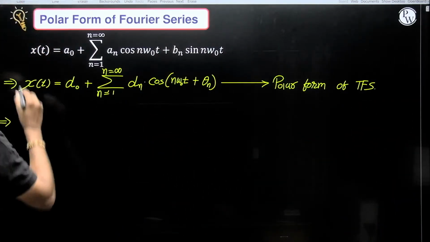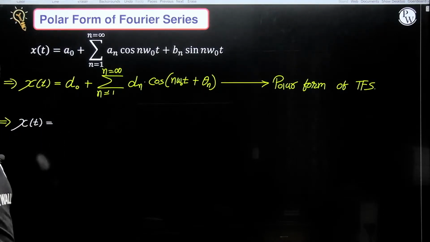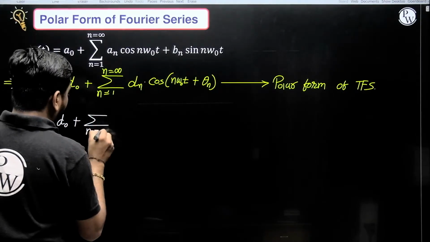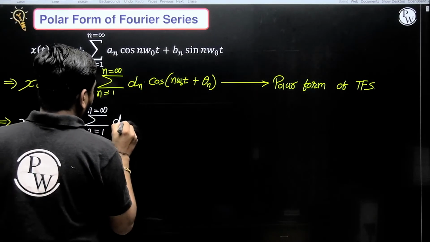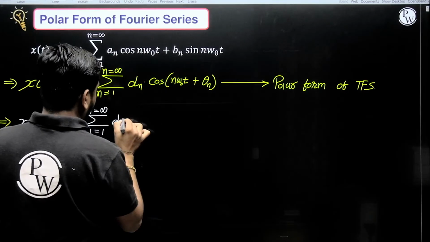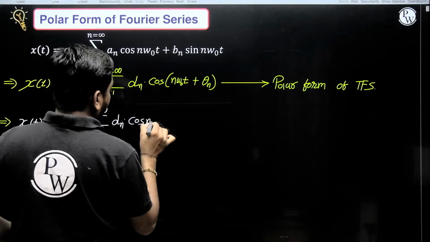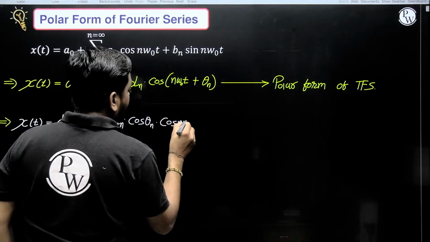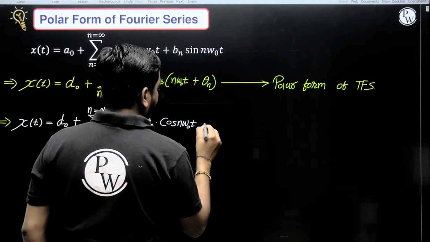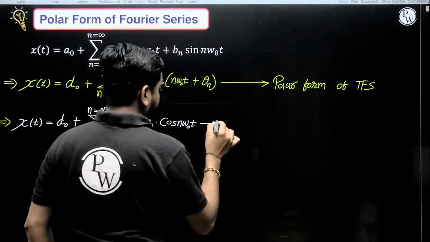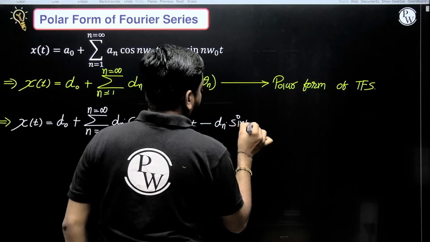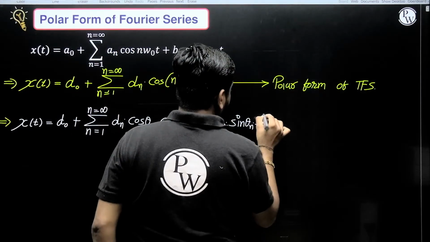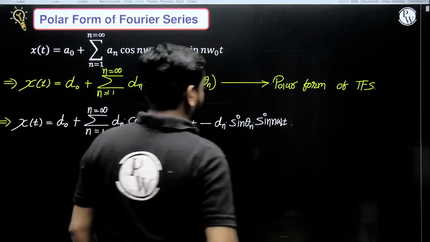Let's use the formula. So x of t is equal to d0 plus summation n is from 1 to infinity dn cos theta n cos n omega 0 t minus dn sin theta n sin n omega 0 t.